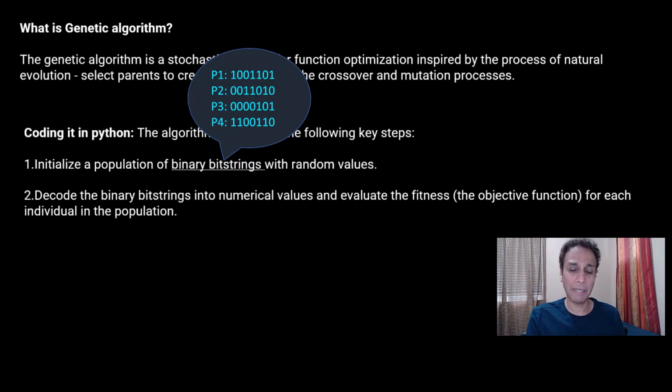In our previous example, we looked at RGB values, and we looked at the target RGB values, and we just subtracted one from the other, and we said, hey, this is our mean squared value difference, and this is the objective function. So here, in some objective functions, that's not as simple as that, right? So you start with these binary bit strings because it's easy to do the crossovers and mutations when you have the binary bit strings.